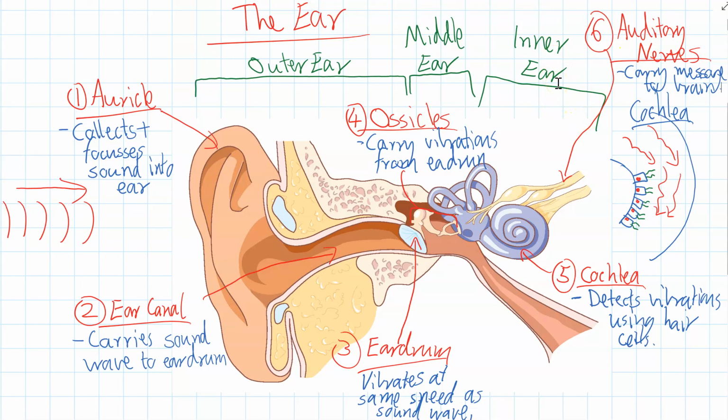And then it's the brain that actually does the processing, and it goes, oh, okay, well, I know what that sound is. And it's how we actually hear. So there's 6 steps in hearing, and you can see it's like a miniature machine with all the parts working together. And I think it's fascinating how this structure has managed to evolve in different animals so that they can hear.